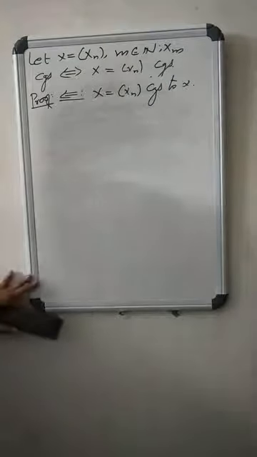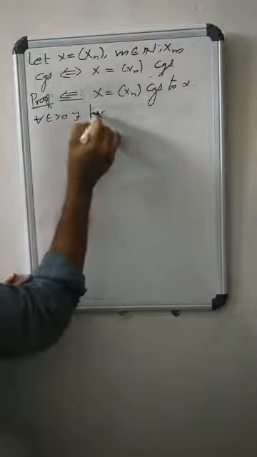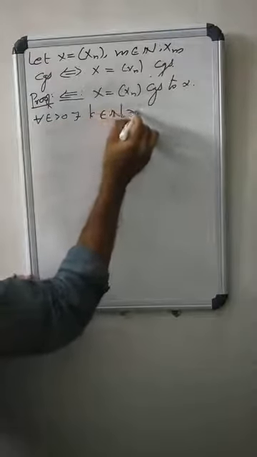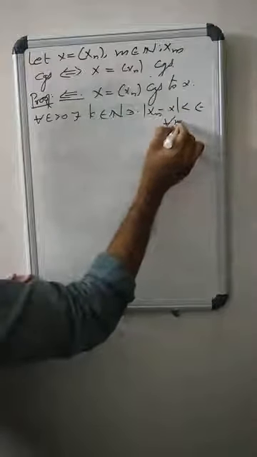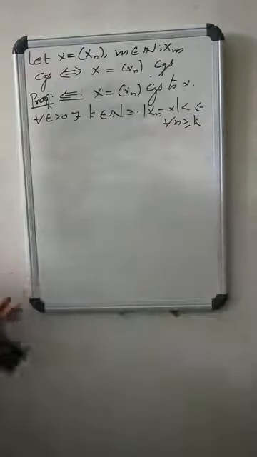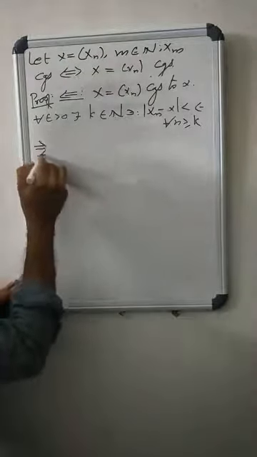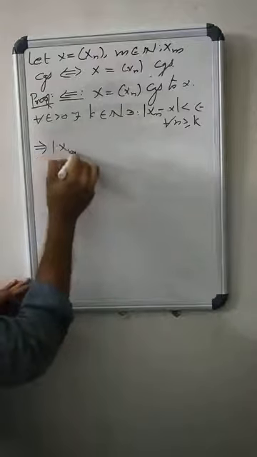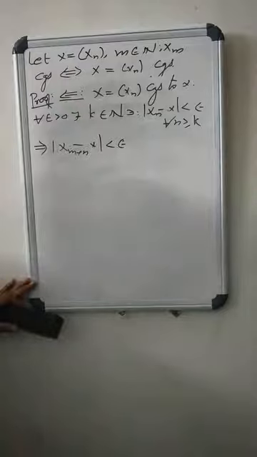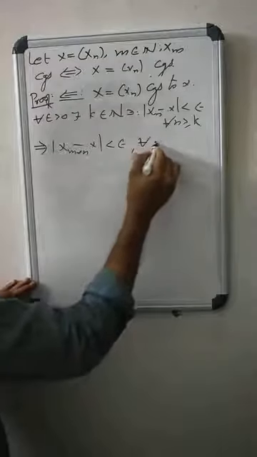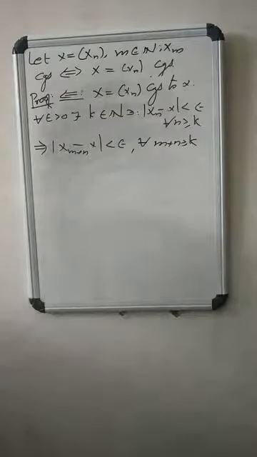That means for all epsilon positive, there exists a natural number k such that modulus of x_n minus x is strictly less than epsilon for all n greater than or equals k. That means modulus of x_{m+n} minus x is strictly less than epsilon for all m plus n greater than or equals k. That immediately follows from that argument.